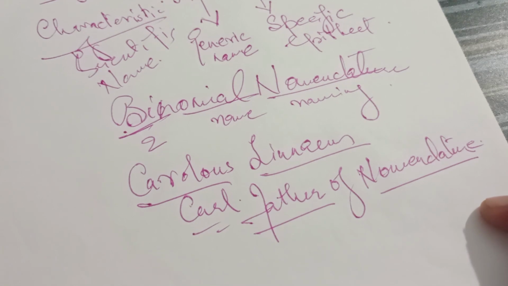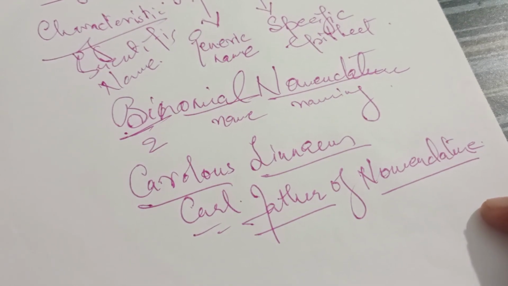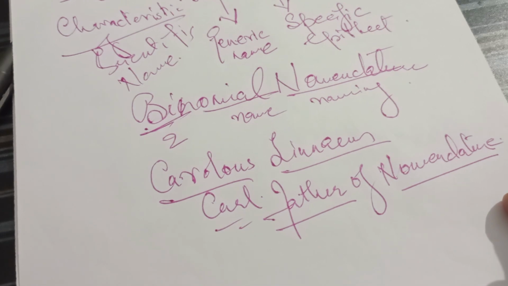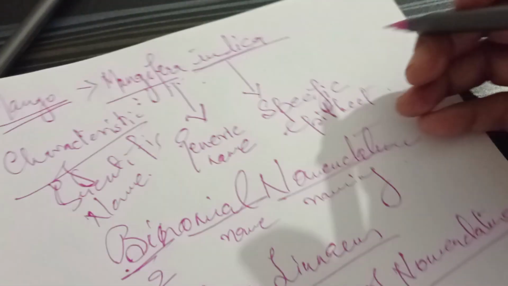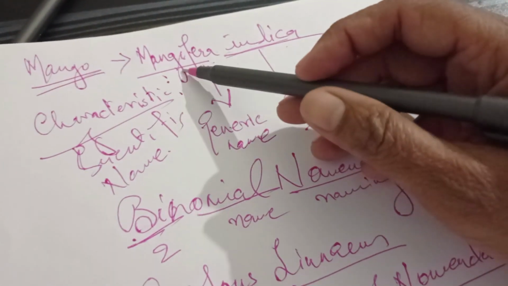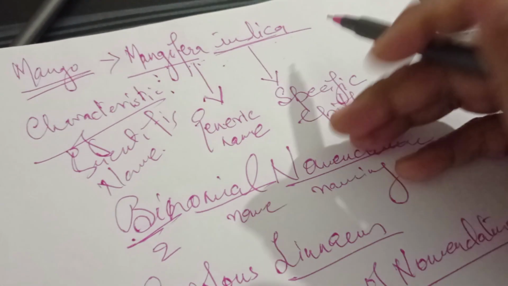There a scientific name is given. This scientific name includes two names. First is the genus name, that is the generic name, and second is the species name, that is the specific epithet. Such as I told you earlier, Mangifera indica. In this, Mangifera is the generic name and indica is the specific epithet.